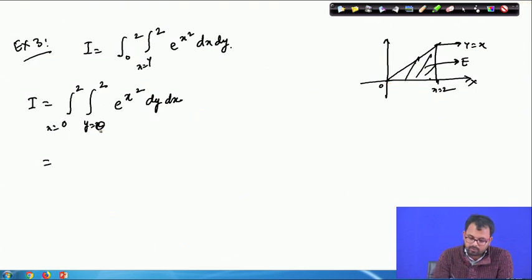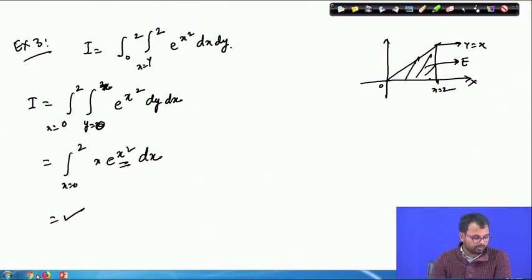Yes, so y will vary from 0 to x. So now we are able to integrate this integral with respect to y first. So this will be the integral of x running from 0 to 2, and substituting, it will be x e to the power x square dx. Now we can substitute this, and then we get the value out of it.